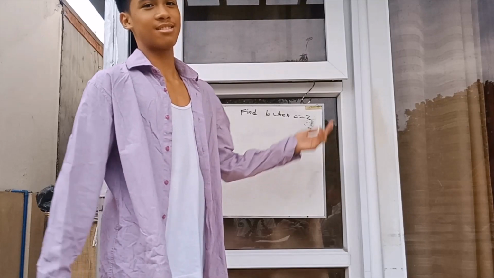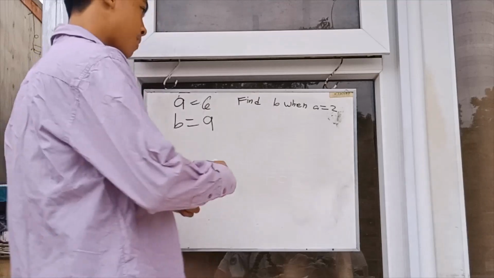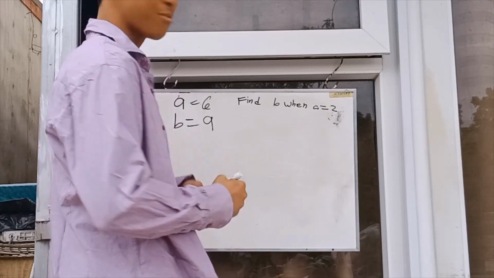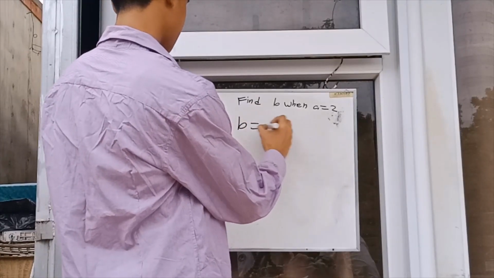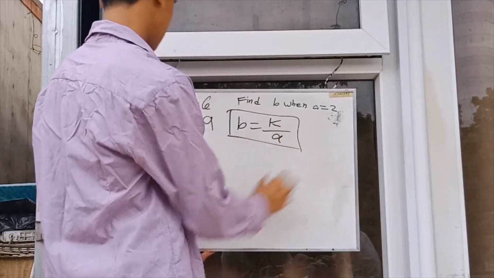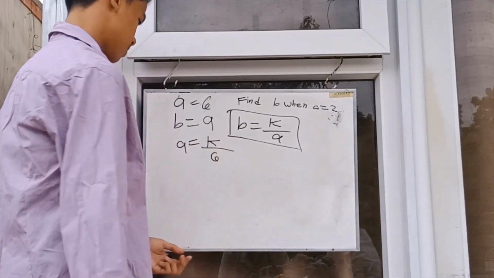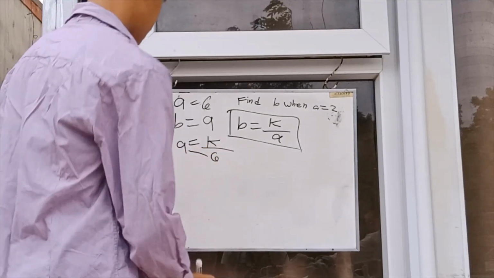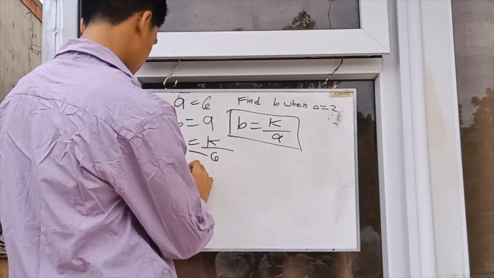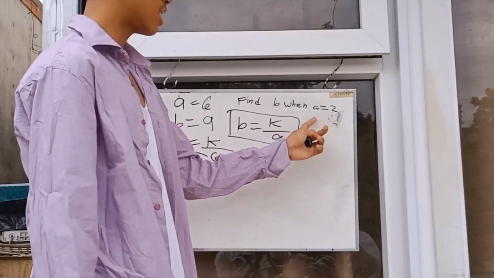Here we go, the last problem. So, let's just wrap this up quickly. Do the rest of the equation. So, this is the equation. Substitute. Then, multiply. Then, find b when a is equal to 2.